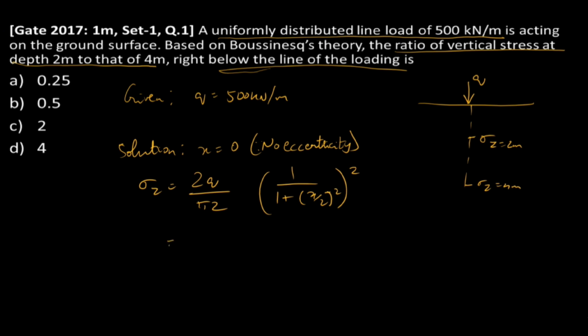Here, since x is equal to 0, we'll take it as 2q by pi z into 1 by 1 plus 0 by z whole square, which gives you 2q by pi z.